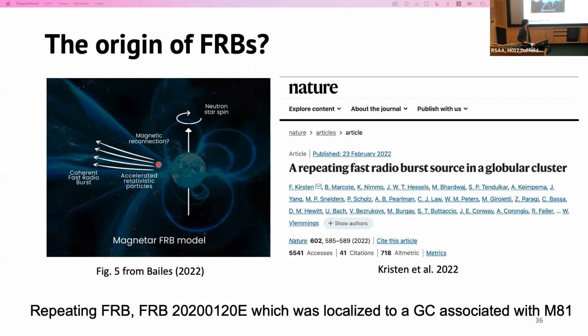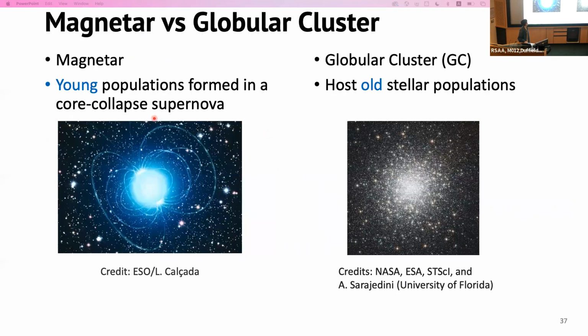However, last year they detected a repeating fast radio burst localized to a globular cluster. This is very strange, and I will tell you why. Magnetars are a young population formed in core-collapse supernovae.